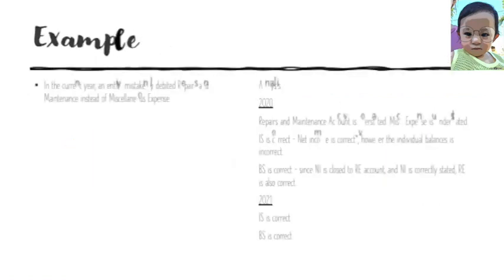So here's an example. In the current year, an entity mistakenly debited repairs and maintenance instead of miscellaneous expense. So for the 2020 current year, the repairs and maintenance account is overstated, while miscellaneous expense is understated. So the income statement is correct, meaning the net income is correct because they are both expenses.